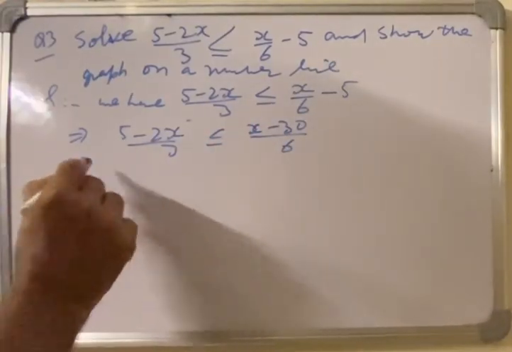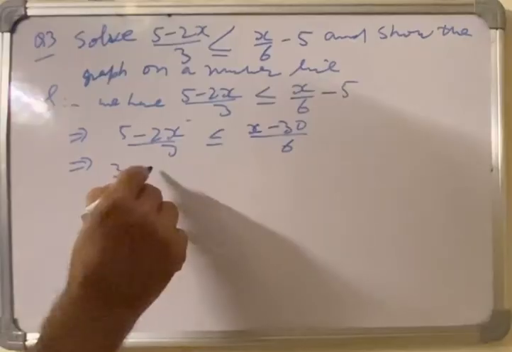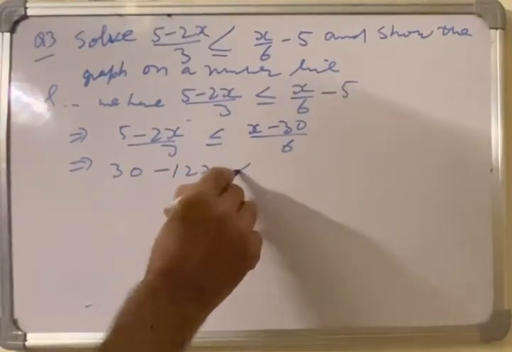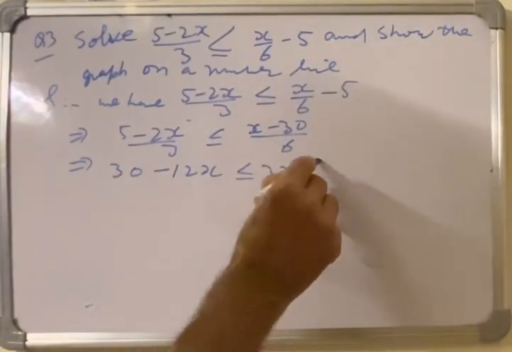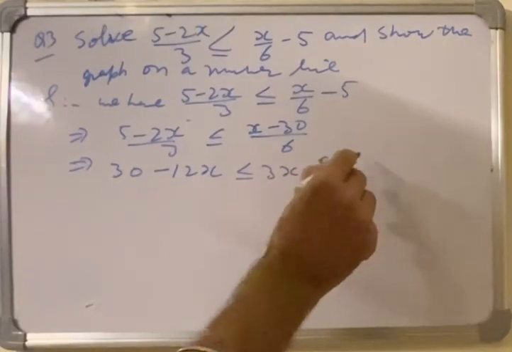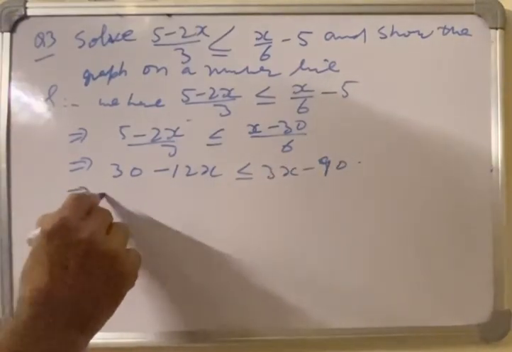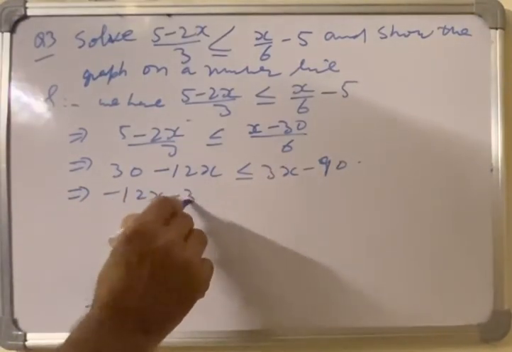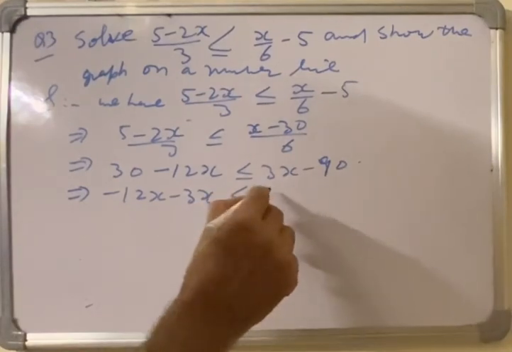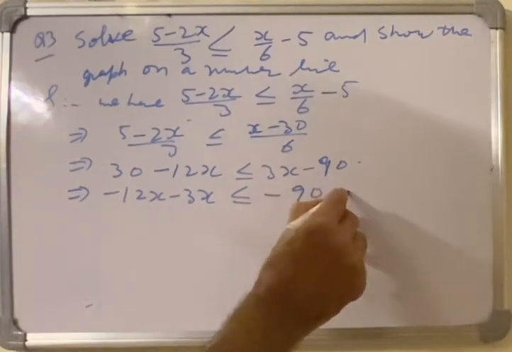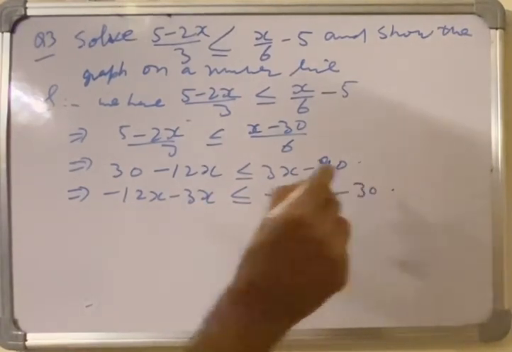Cross multiply, 30 minus 12x less than equal to 3x minus 90. Then minus 12x minus 3x less than equal to minus 90 minus 30.